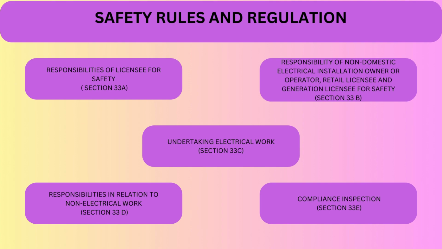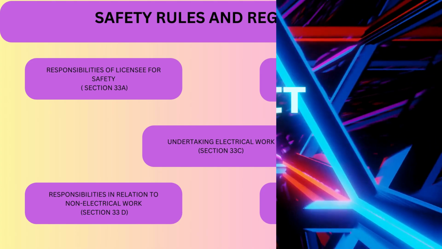Number 3 is undertaking electrical work, section 33C. Number 4 is responsibilities in relation to non-electrical work, section 33D. And lastly is compliance inspection under section 33E. These are all of the safety rules that need to be followed if we are conducting the wiring of electrical work.